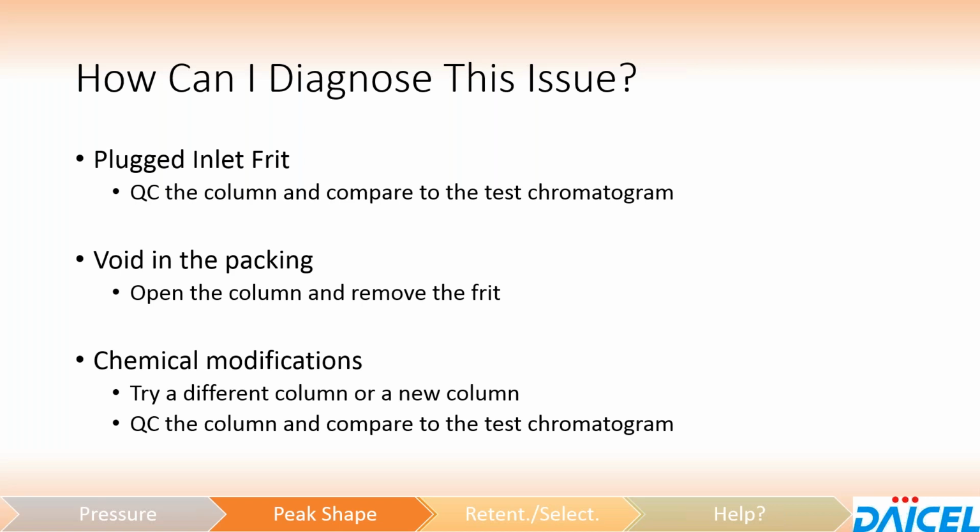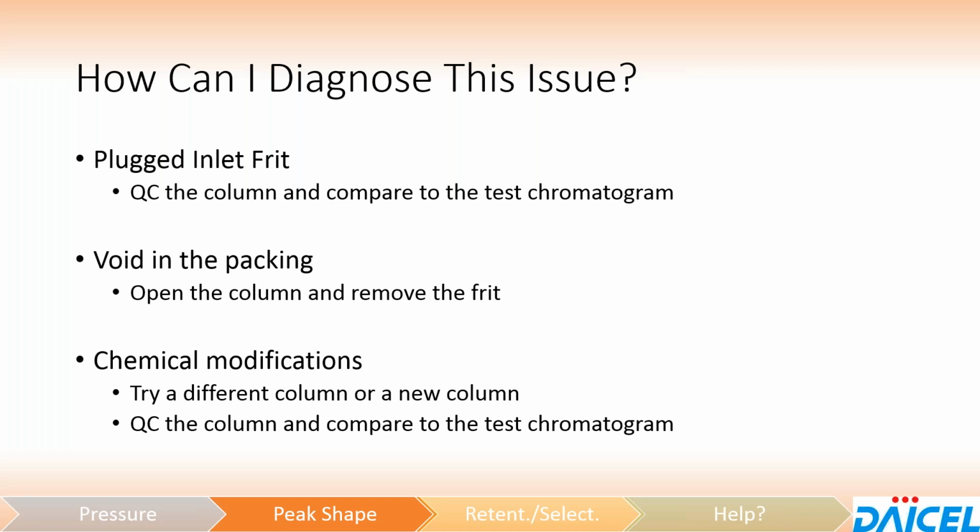For chemical modifications, the best thing that you can do is try a different column or a new column if you have one available to you. This is related to the column history and the memory effect. Potentially there was some kind of analyte that went through that particular column that's causing the interesting chromatography, the interesting peak shape.